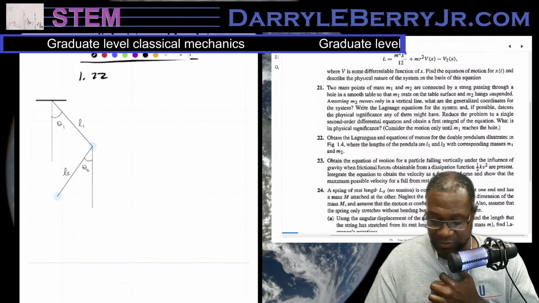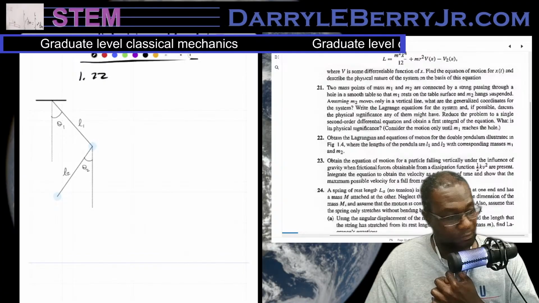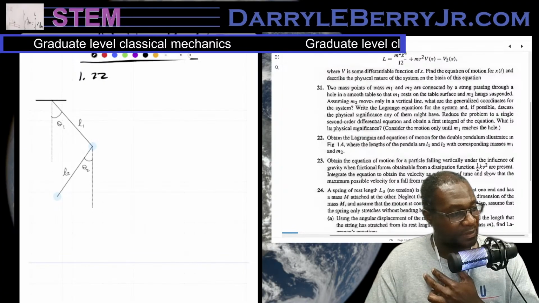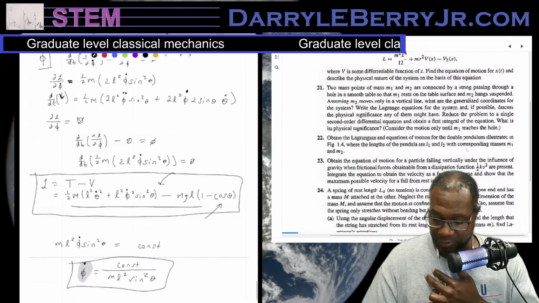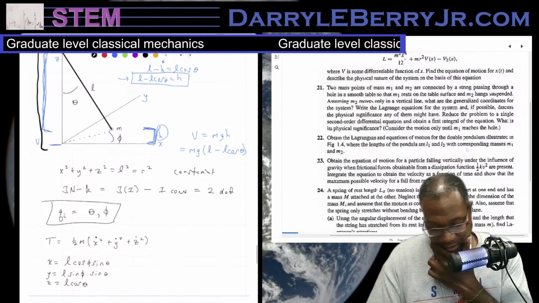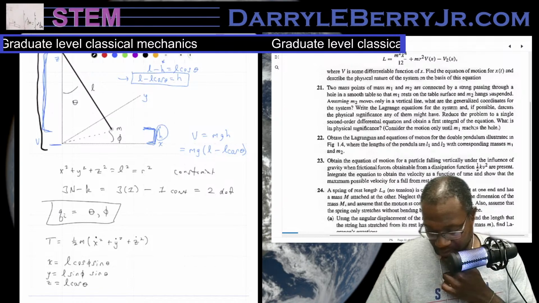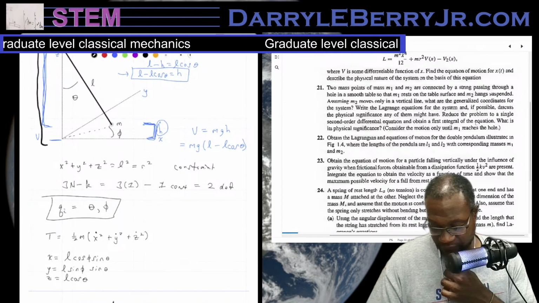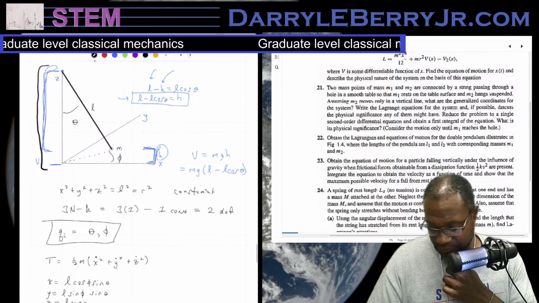It has to be confined to a plane. I don't know if that's because I'm thinking about the one we did yesterday where she gave X, Y, and Z components for this pendulum, which I didn't think to do. I was thinking it was confined to a two-dimensional plane.